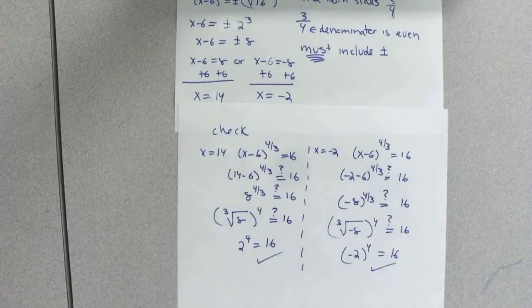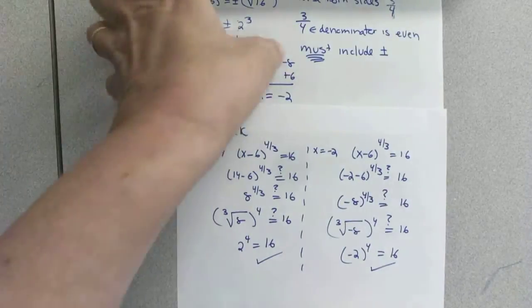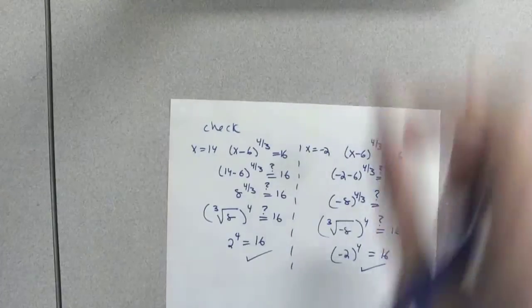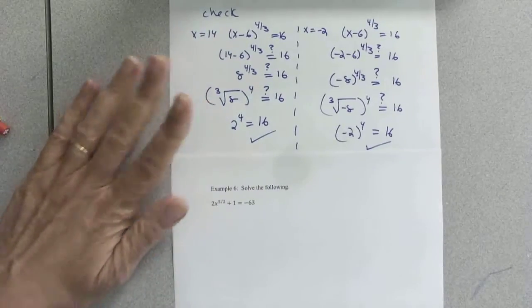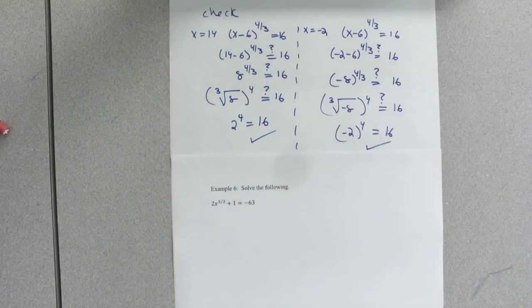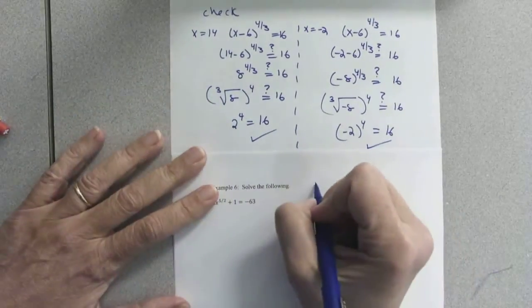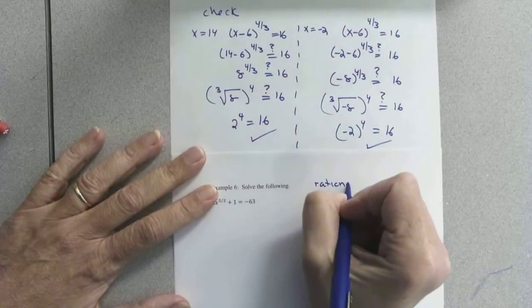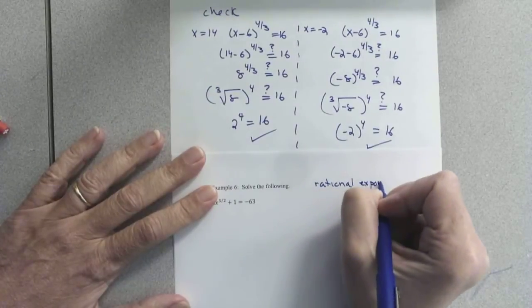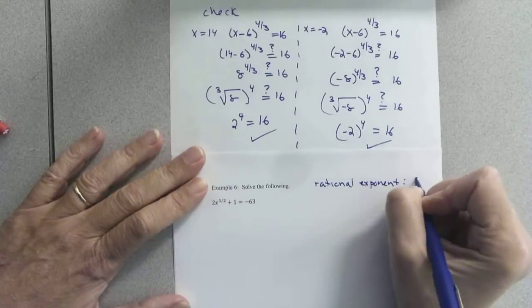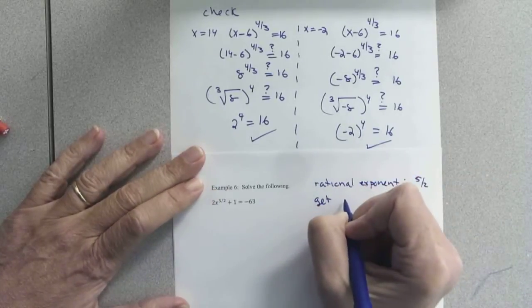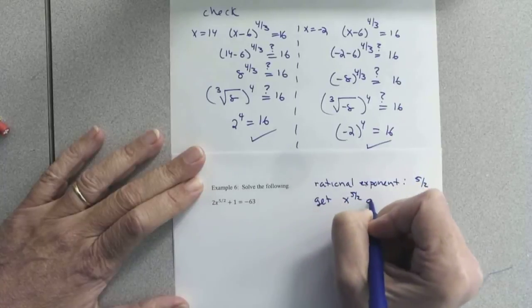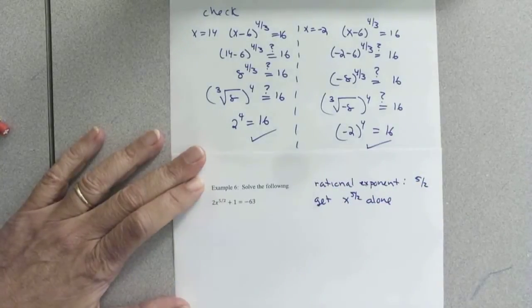And so there's that one. Okay, next problem. Again, it's a rational exponent problem, meaning we have that 5/2. The first thing I want to do is get the x to the 5/2 alone.